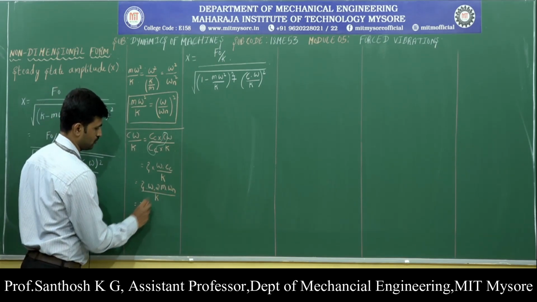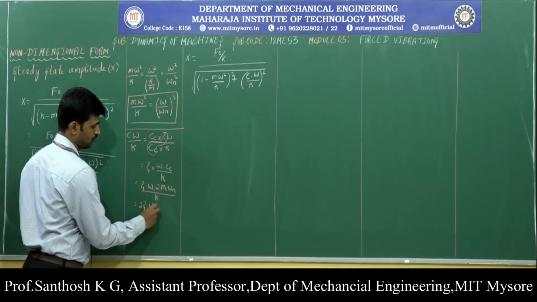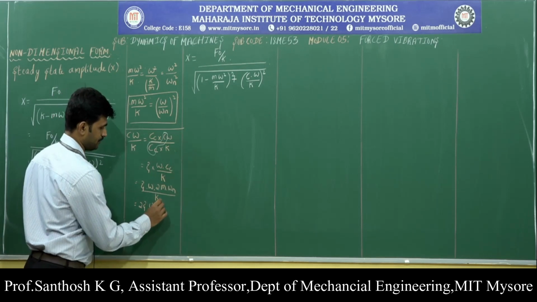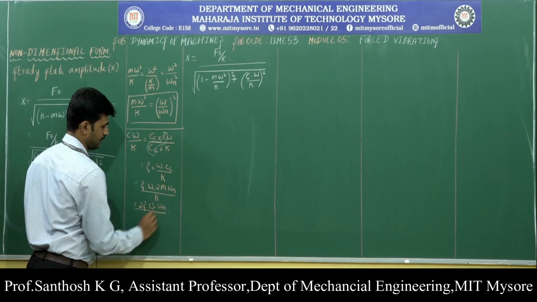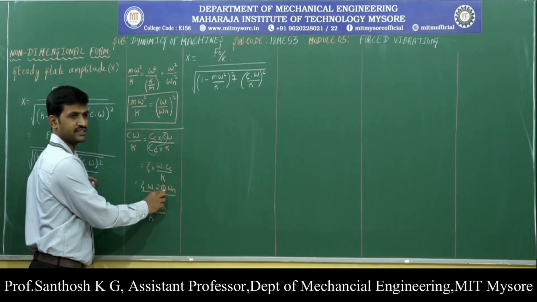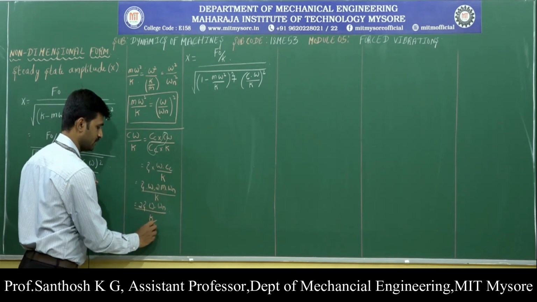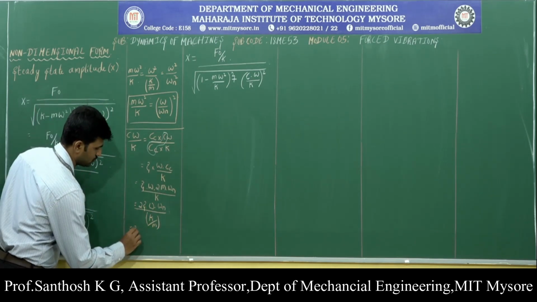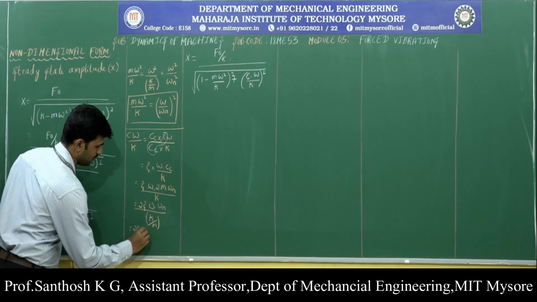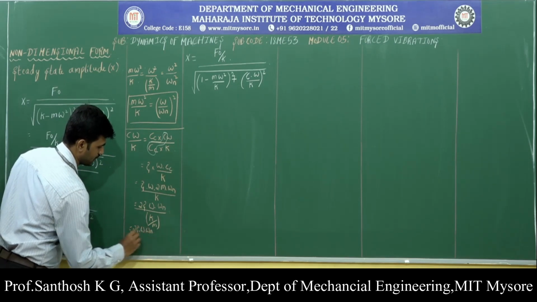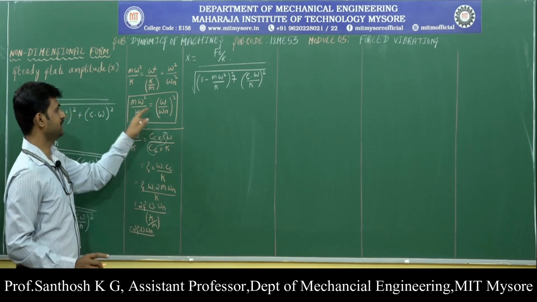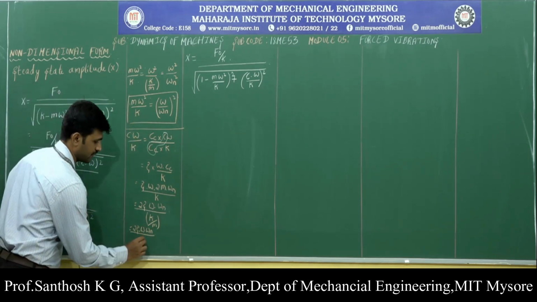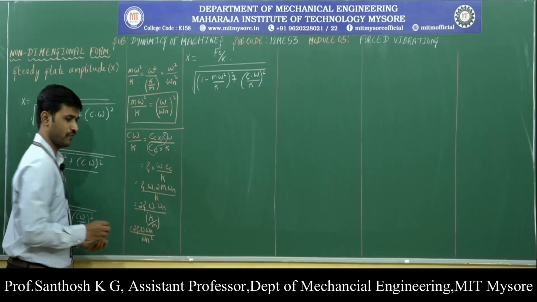Again 2 zeta omega, then omega n divided by k, and I will send this m to the denominator, thereby getting k by m, which can be written as omega n square.